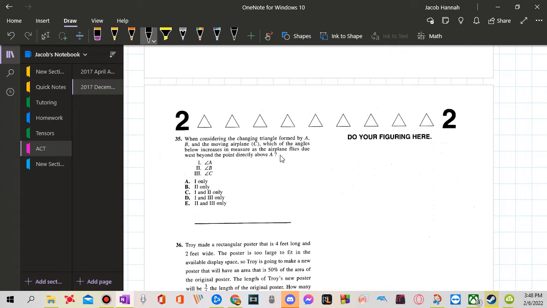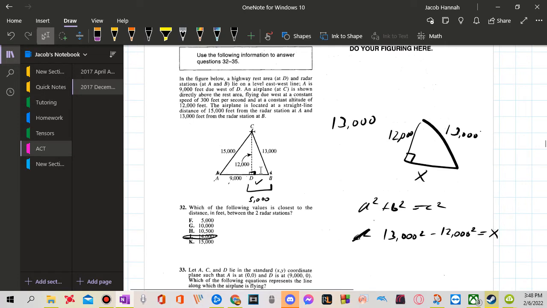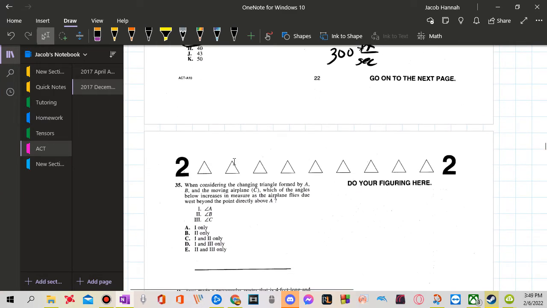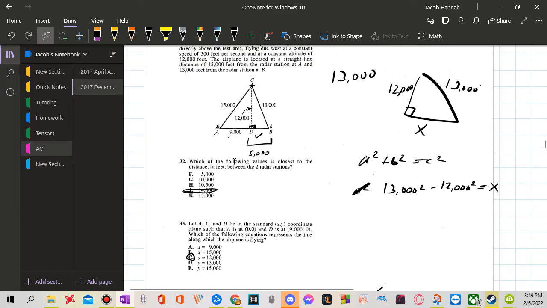Well, C is going to stay the same because as it moves, this triangle is going to move this way.